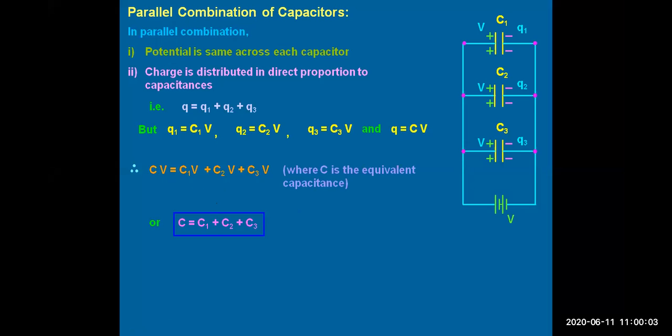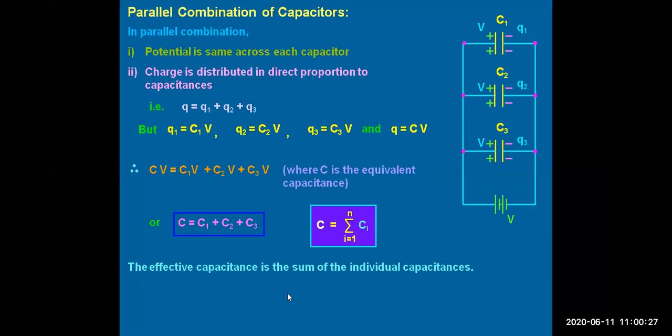So in today's class we have seen three derivations. First derivation is for capacitance. Second one is for capacitors connected in series. And third is for capacitors connected in parallel. If there are n number of capacitors, you will write C is equal to sigma Ci.